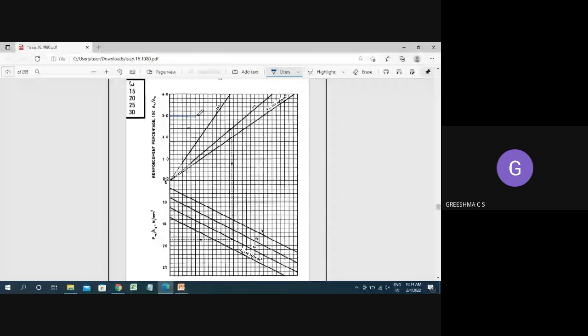Our grade of steel is Fe415, here it has coincided. Now drop it down till it coincides with our grade of concrete. Our grade of concrete is M25, it is not M20. So drop this line till it meets M25.